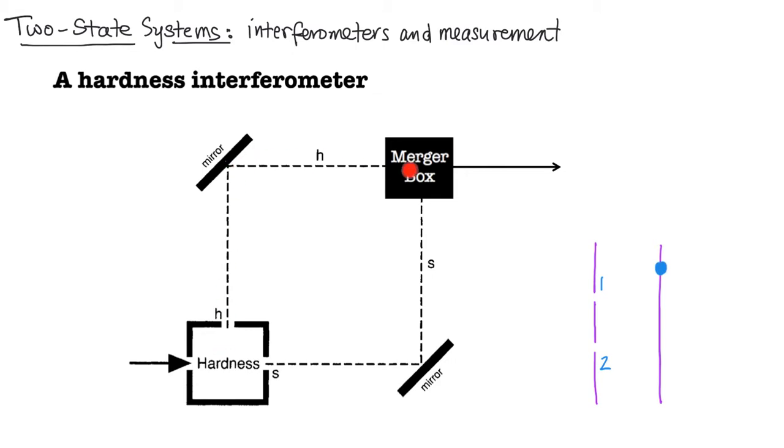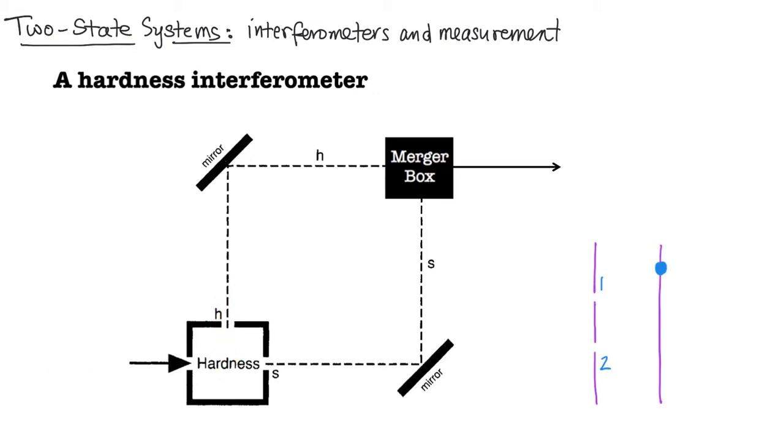We can also talk about the same thing with the interferometer. So the interferometer scrambles which way path information, because whether a particle came out the H or the S port, we don't know. All we know is that it came out of this merger box. Okay, so we have an electron come in.